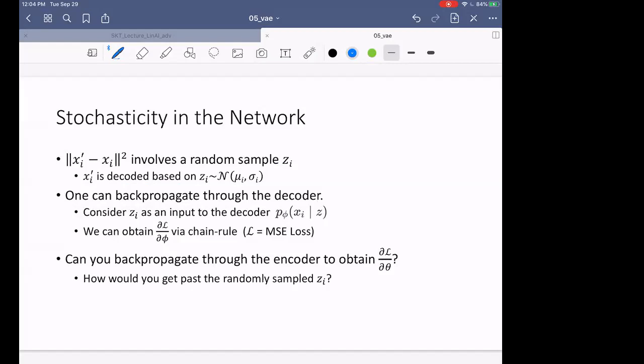But here in the VAE, there is a random process. You sample your z from your Gaussian distribution, and that becomes problematic because now it's hard to backpropagate through this operation. So that's where we need to use some trick called the reparametrization trick.